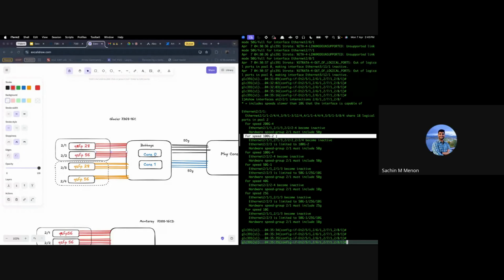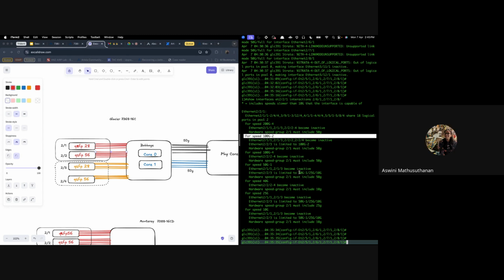Yes, 2/1 goes inactive. All four. So I can't have all four interfaces at 100 G speed at the same time, correct? Because if I put 2/2 in 100 G, 2/1 would go inactive. Yes, that's right.